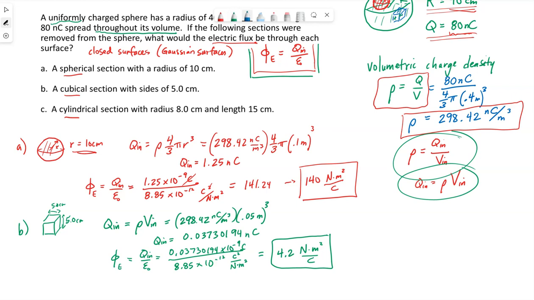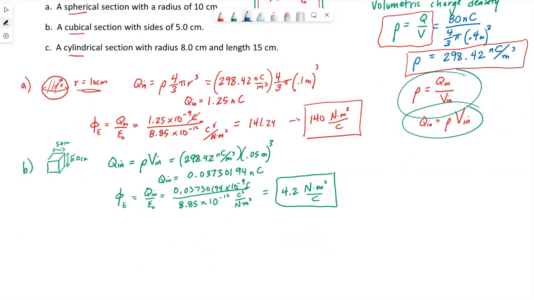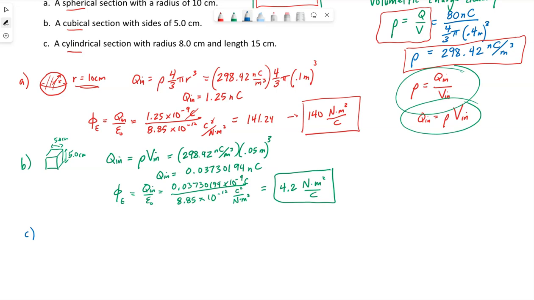So the last Gaussian surface is our cylinder. Our cylinder has a radius of 8 centimeters and a length of 15 centimeters. So the radius is completely enclosed within the original sphere.